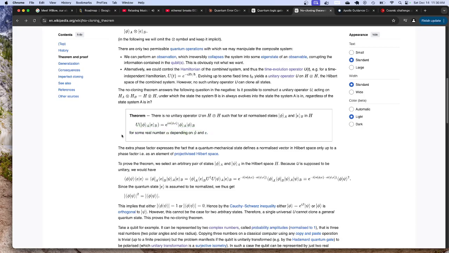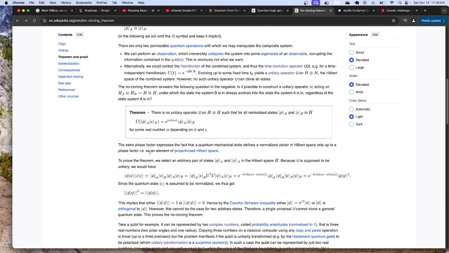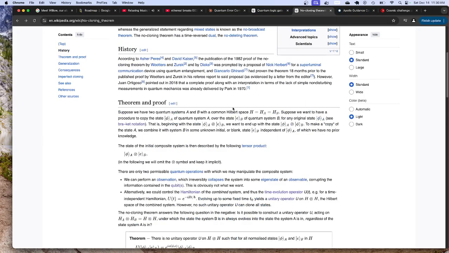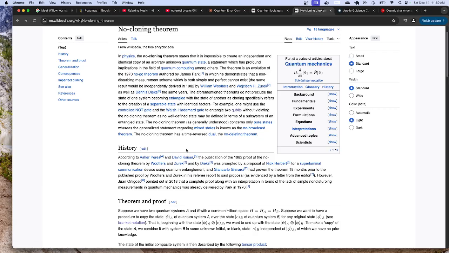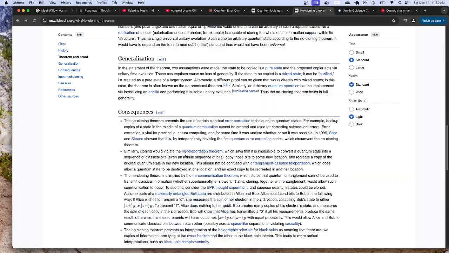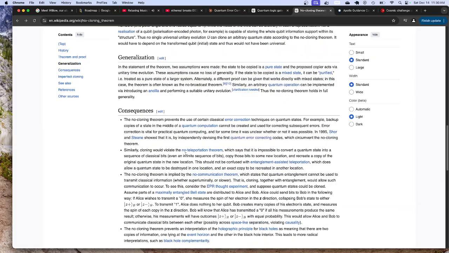And to get this, we're definitely going to have to dive into these unitary operators quite a bit more. First of all, let's just get a Hilbert space. Consequences, no cloning theorem, prevention, yeah.